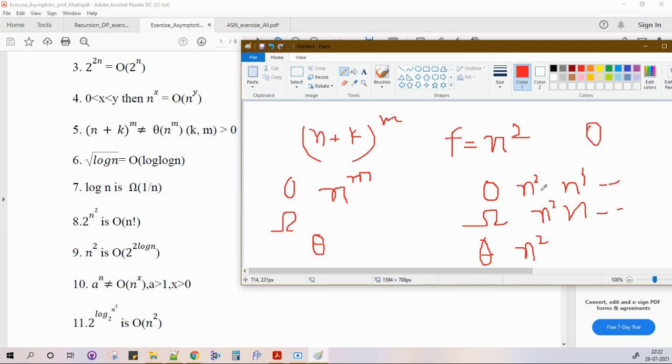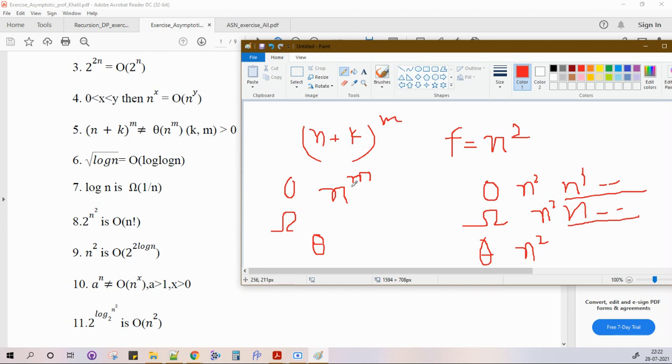And small o cannot be n square, it is always greater than that. Small o should be n cube, n to the power 5, like that. And small omega should be from the lesser side, n root n, cube root n, like that, correct?